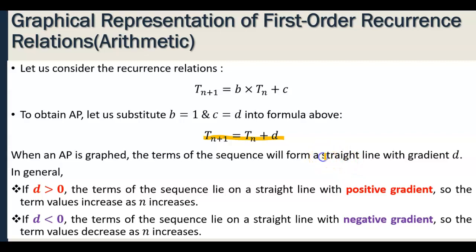When you have a graph, it will always be a straight line with gradient d, which is your common difference. There are two possibilities. When the common difference is more than 0, your graph will always have a positive gradient, which means the term value will increase as the n value increases.